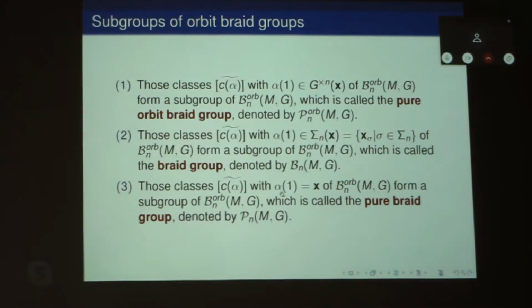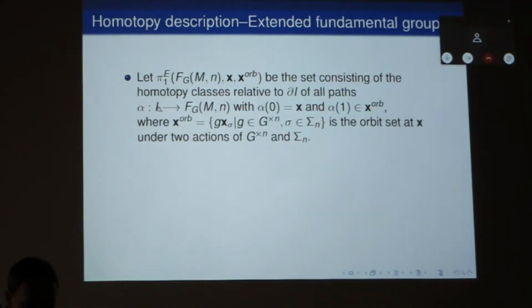If the endpoint is the same as the starting point of the path, we just get the pure braid group. We just consider the homotopy classes of all the paths.